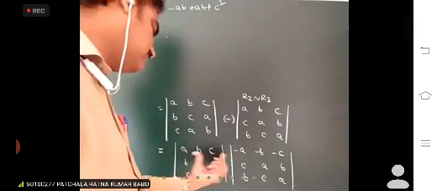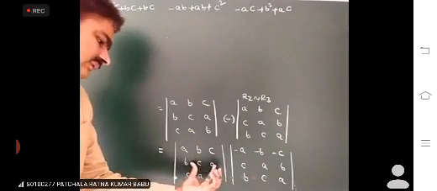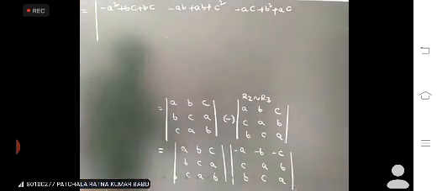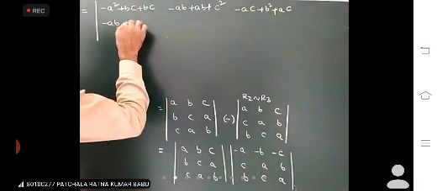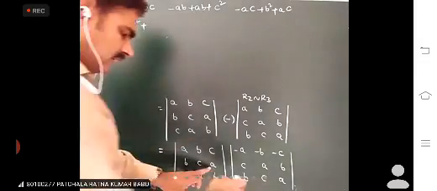Next we multiply the first row with the third column. A into minus C, minus AC, B into B, B squared, plus C into A, AC. Next, we multiply the second row with the first column. B into minus A, minus AB, C into C, C squared, plus A into B, AB.